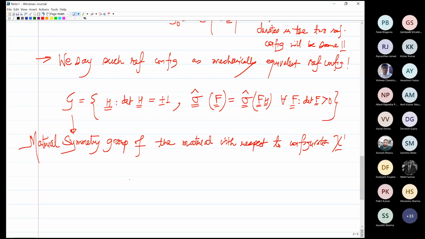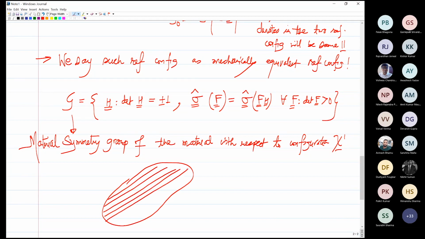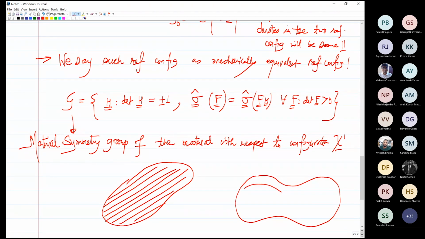Just think of a reference configuration in which the fibers are very nicely parallelly aligned, and another reference configuration which is a distorted body and the fibers have gotten somehow like this. Then you can see that the two bodies will not have the same symmetry group.